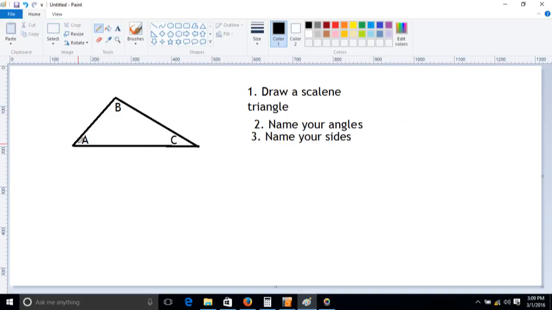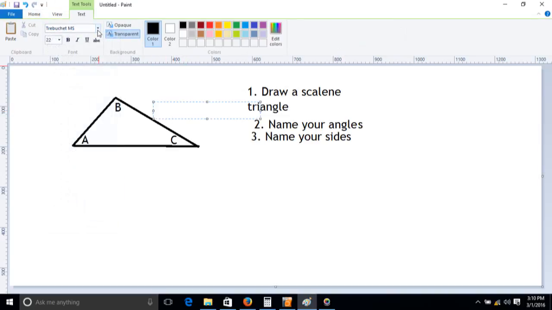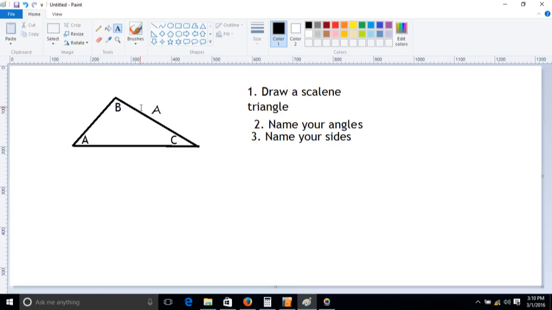Label sides always that are opposite to an angle as that angle. So this side is opposite to this angle, so this side is called A. Give a name to this side, A, and if you want, you can change your font type to show that this is a side label, and move to another side.